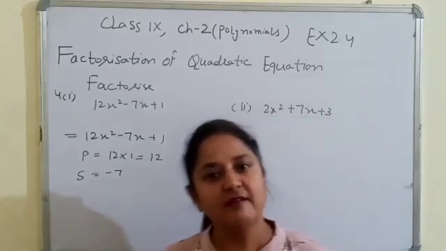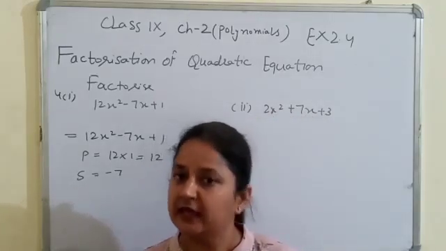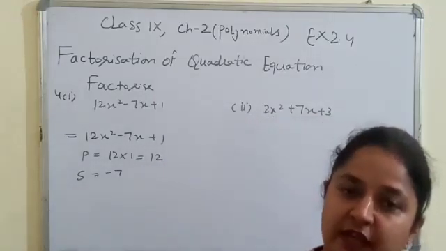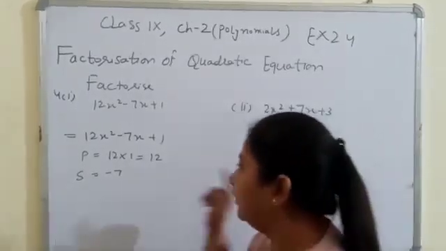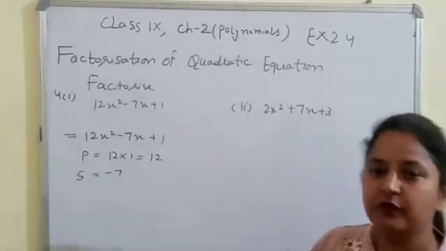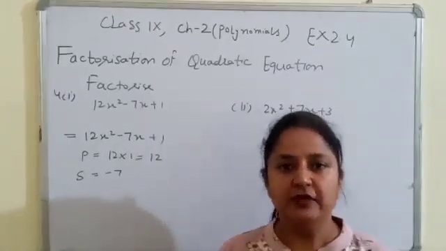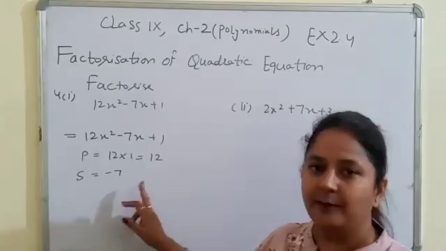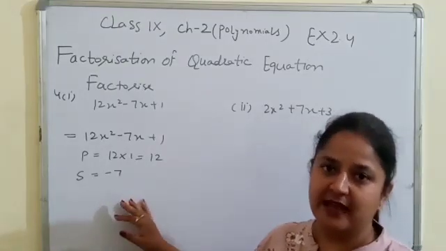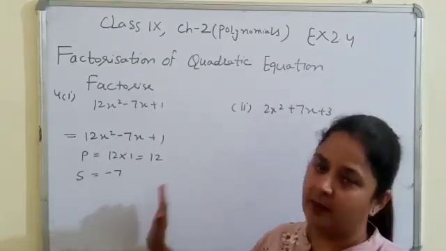Sum is minus 7, product is plus. It means, again I am repeating, we have to take both integers with negative signs so that their product is positive. When we multiply two negative numbers, their product is positive but their sum is negative.